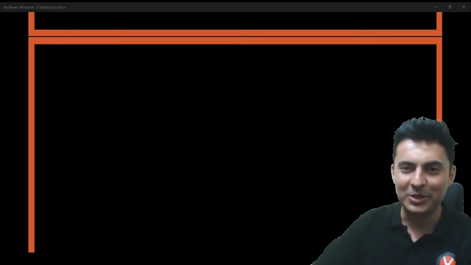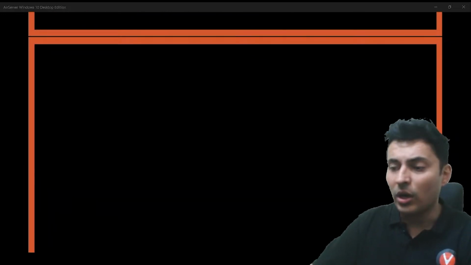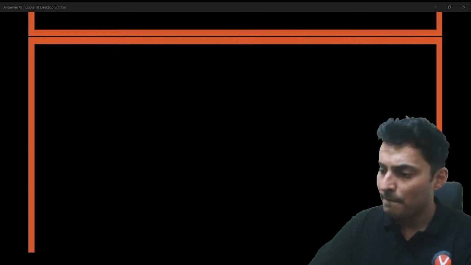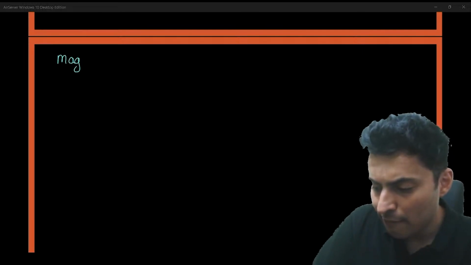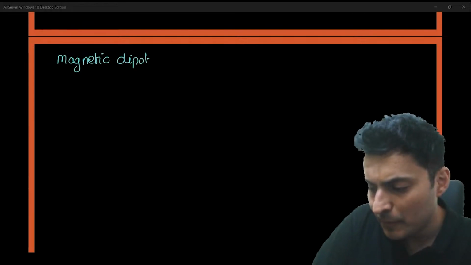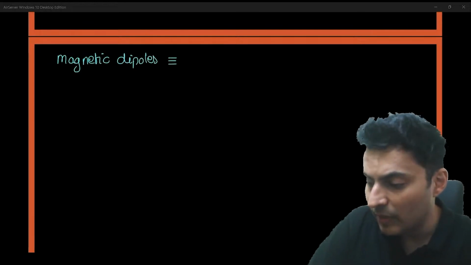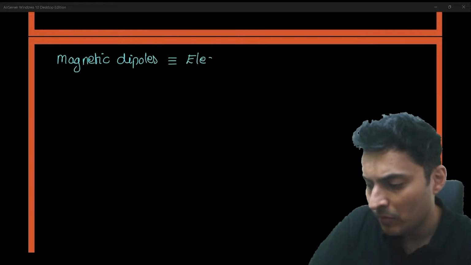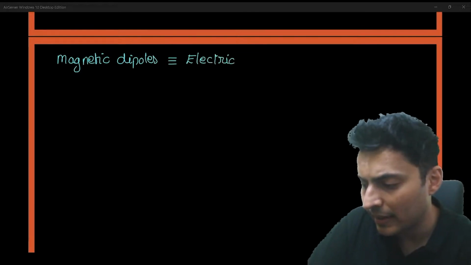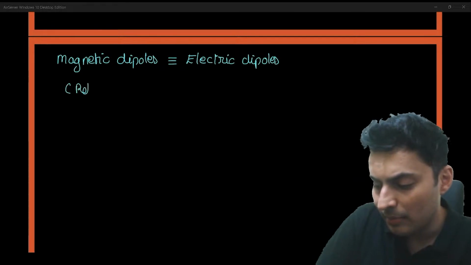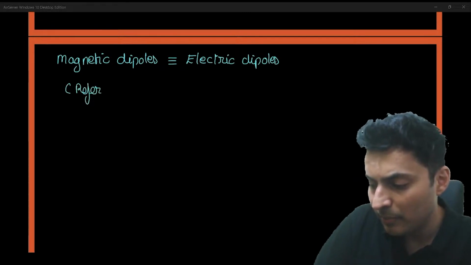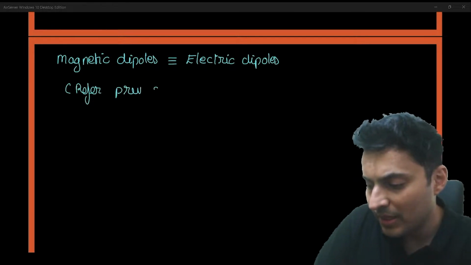Okay, no issues. Now if you talk about magnetic dipoles, I'm not going to do it again. Magnetic dipoles are exactly similar to electrical dipoles, so please refer to the previous slides.